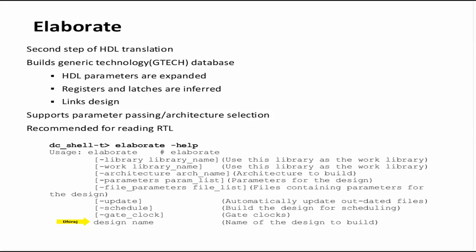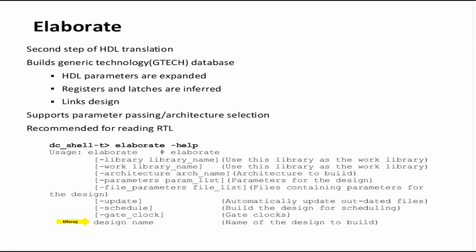Now, in the last lecture, we saw the design of an accumulator. The accumulator contains an adder, a mux, and a register block. So the top level module, which is the accumulator module, will be given here because that's the top level module. So you analyze all the RTL files, but elaborate only from the top.